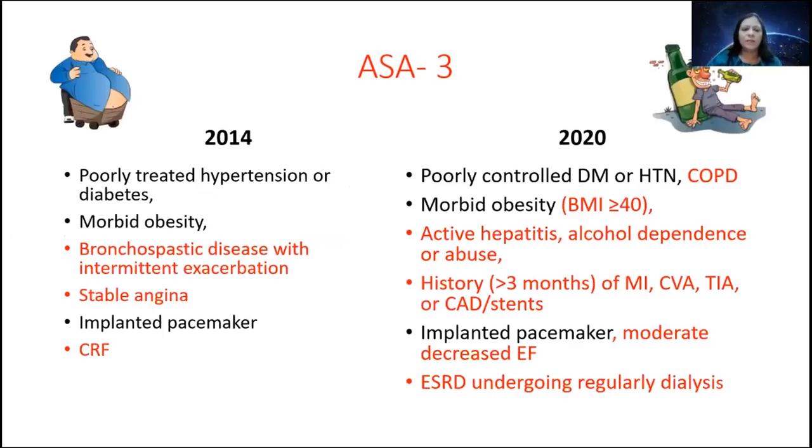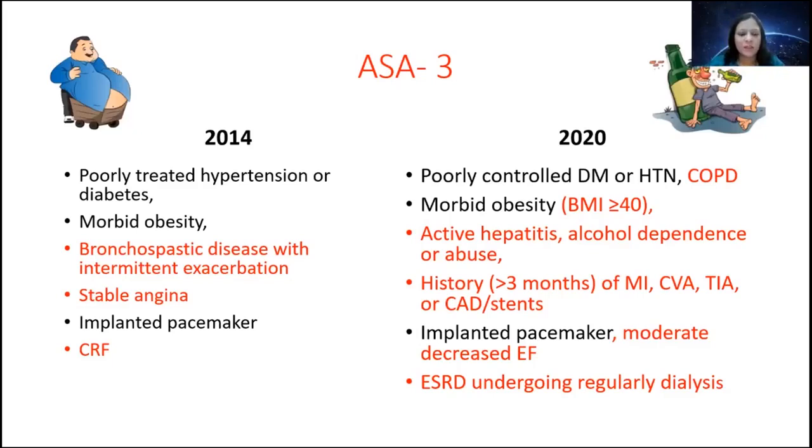Both say that poorly controlled hypertension or diabetes is ASA 3, but 2020 has also included COPD as an ASA 3 category, whereas 2014 mentions respiratory disease only as bronchospastic disease with intermittent exacerbations being ASA 3. So if a patient has COPD which is poorly controlled, it falls under the ASA 3 category.